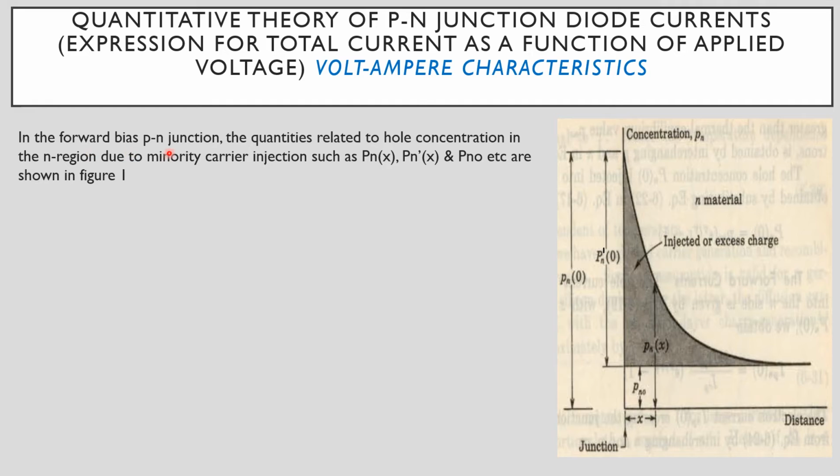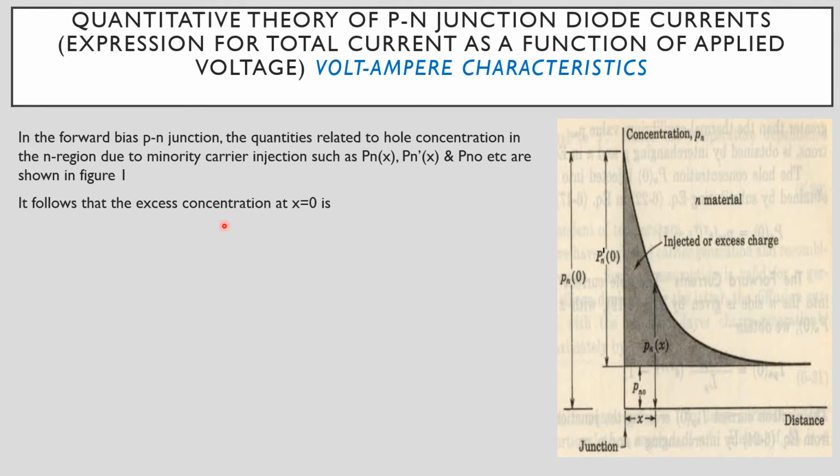In the forward-biased PN junction, the quantity is related to the hole concentration in the N region due to minority carrier injection, such as Pn of x. This can be said as Pn of x, Pn dash of x, corresponding to x equal to 0 and Pn0, are shown in this figure.